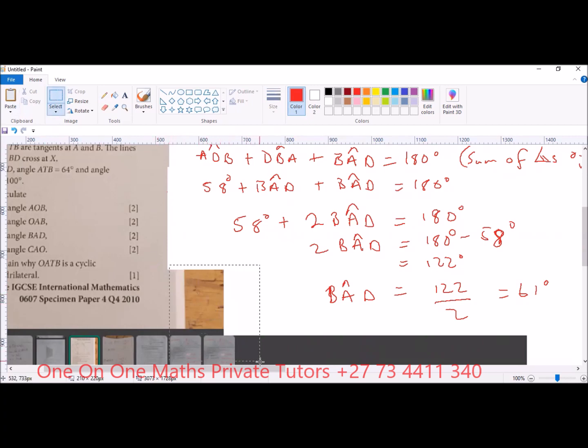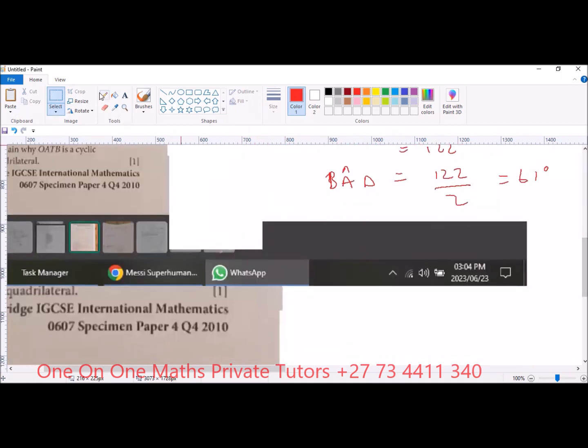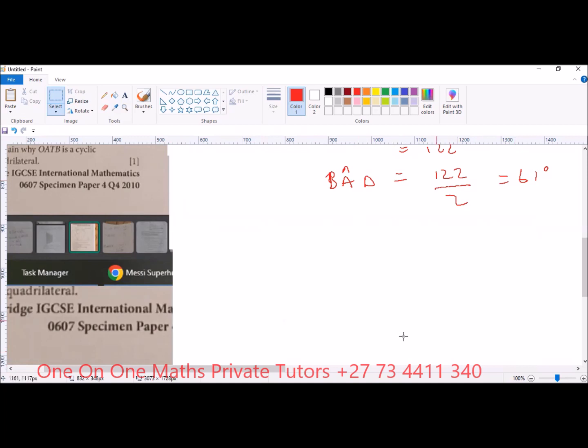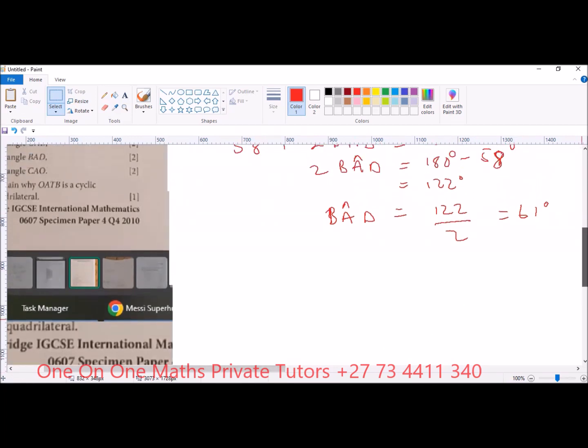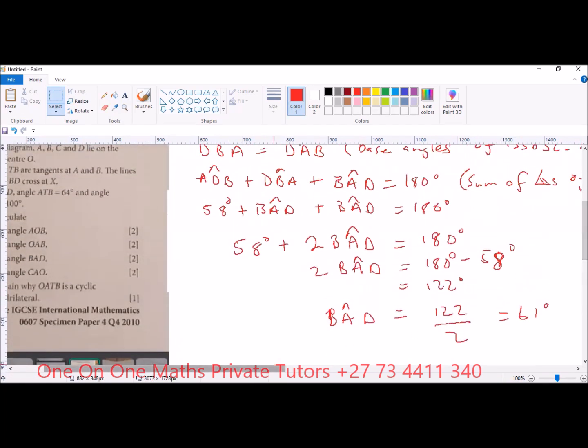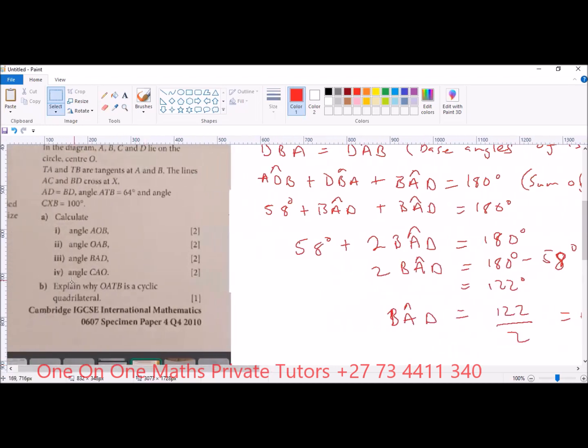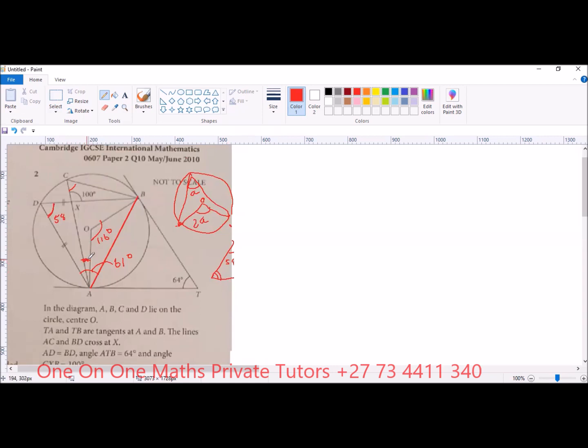Let me clear some space. All right, so that's how we get BAD. So you need understanding of your triangles and knowing your rules in circle geometry. Angle CAO, this small angle here.